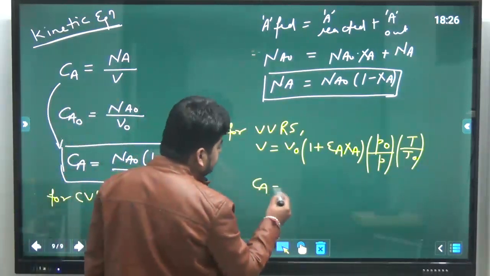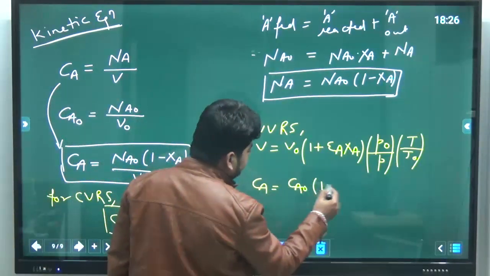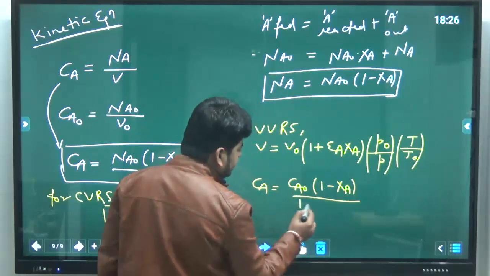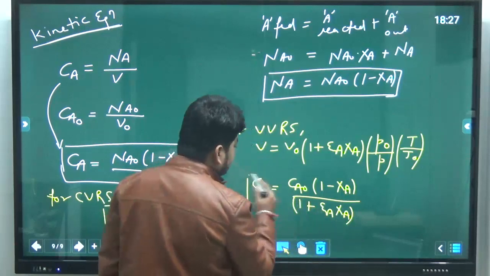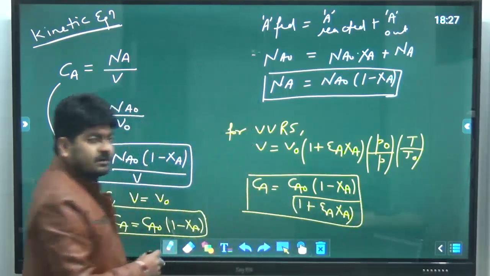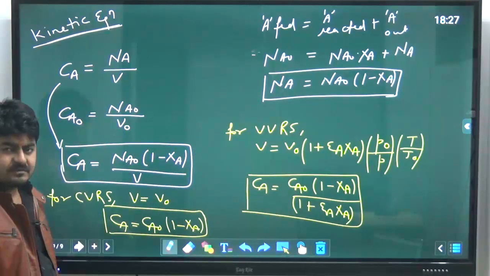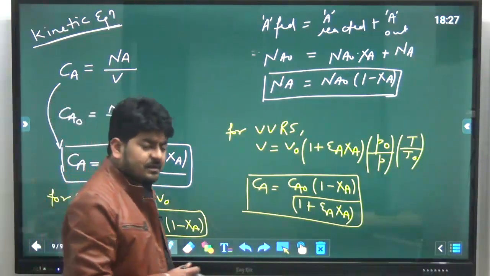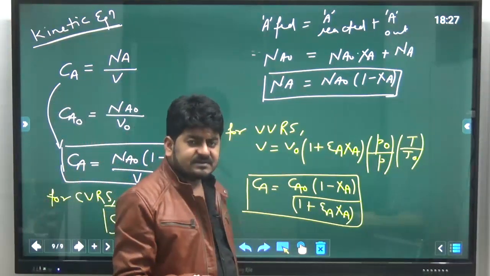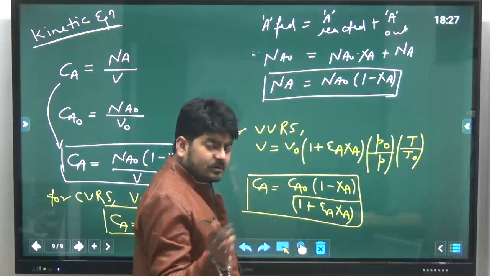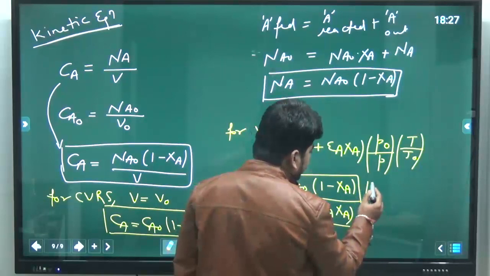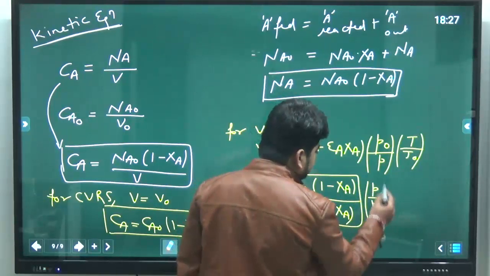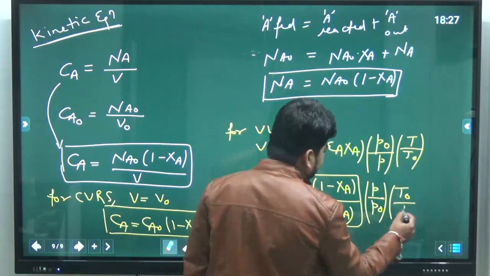So Ca will become Ca naught times 1 minus Xa over 1 plus epsilon A Xa. This is the general expression for concentration and conversion, which is valid for all situations, for variable volume reaction system as well as constant volume reaction system. And obviously pressure and temperature terms are also there, like P by P naught and T naught by T.